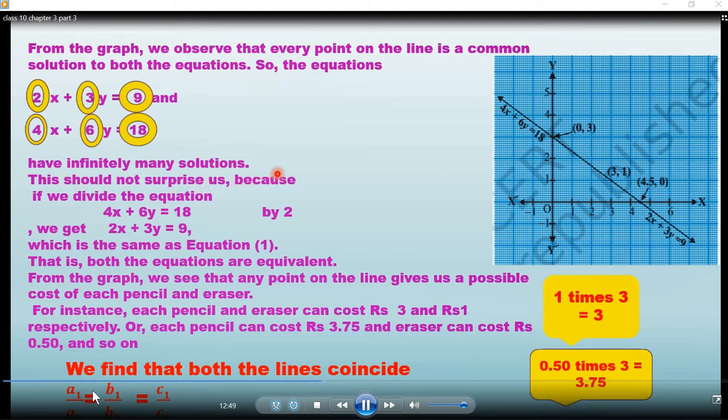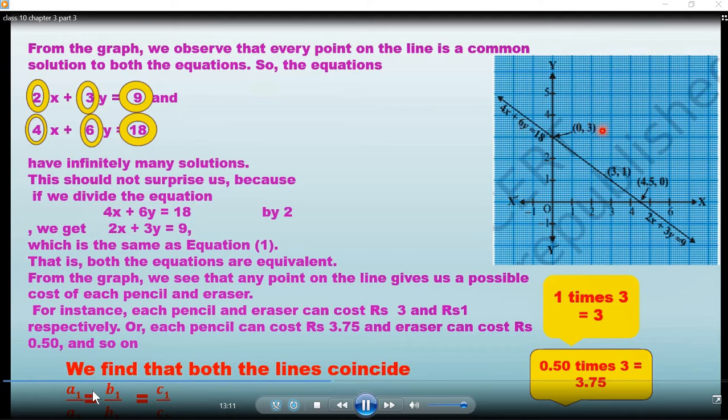Why infinitely many solutions? Because here, if you take any one point, for example, 0, 3 are the coordinates of one point, and you replace x and y with 0 and 3, then you will get 9 in the first equation and you will get 18 in the second equation.